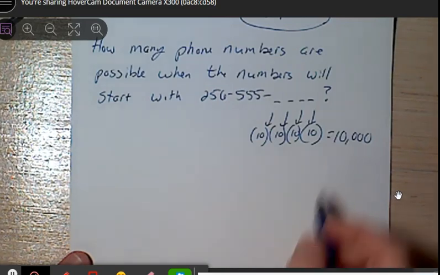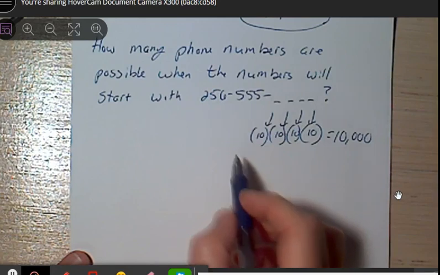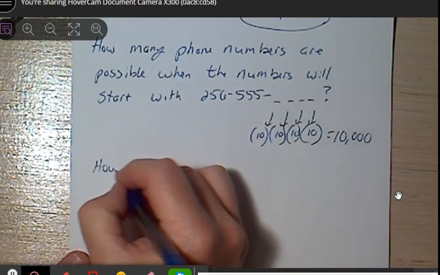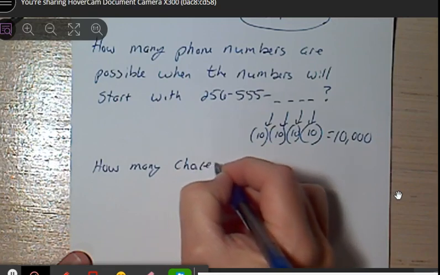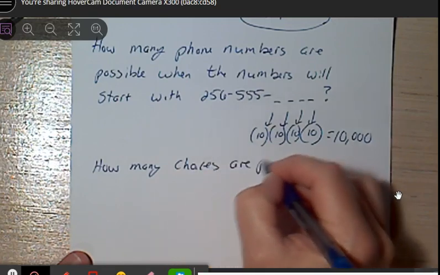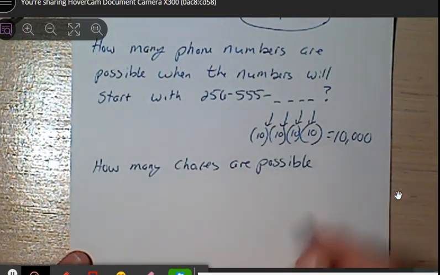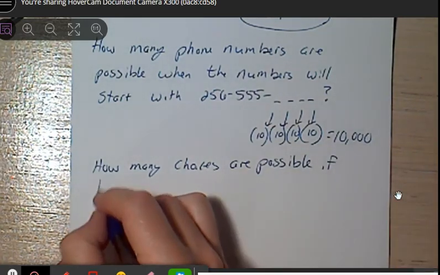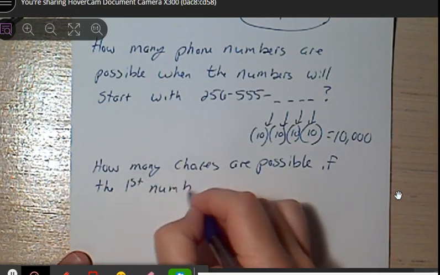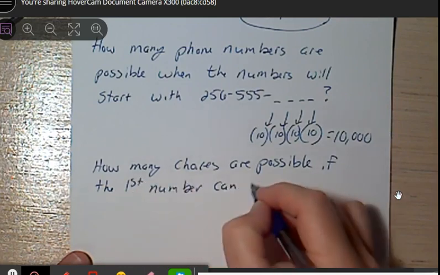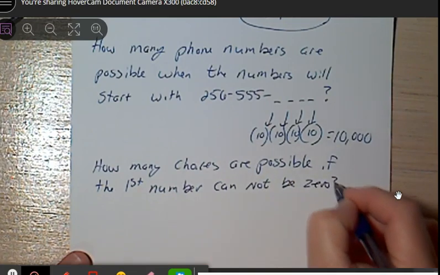Another question they may ask you, just to spin off this one: how many choices are possible if the first number cannot be 0?